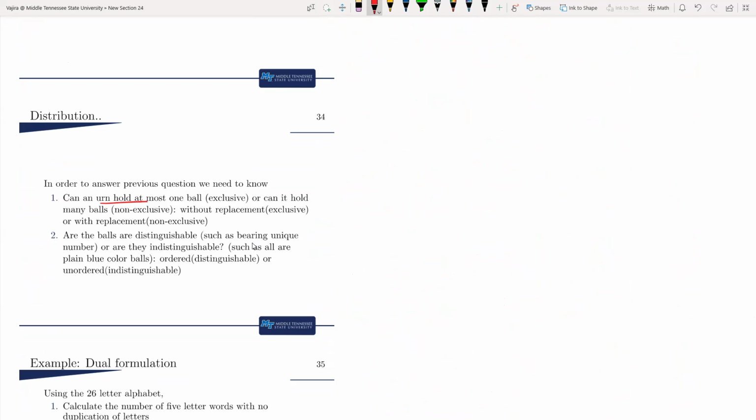Whether an urn holds at most one ball, which is exclusive, or more than one, non-exclusive. Exclusive means without replacement. Non-exclusive means with replacement. And then whether the balls are distinguishable or indistinguishable. If it is distinguishable, then there's an order. If it is indistinguishable, then there is no order. Okay, unordered.